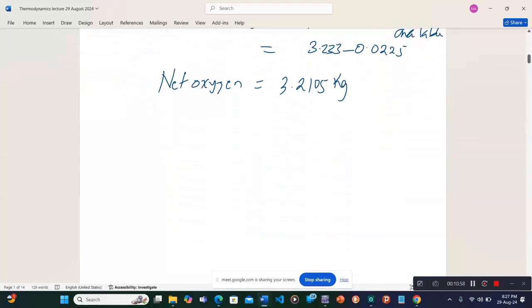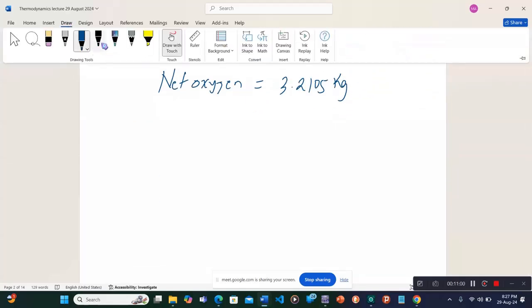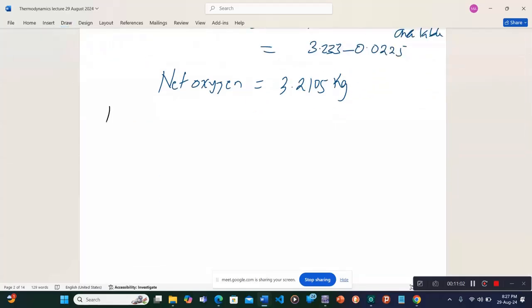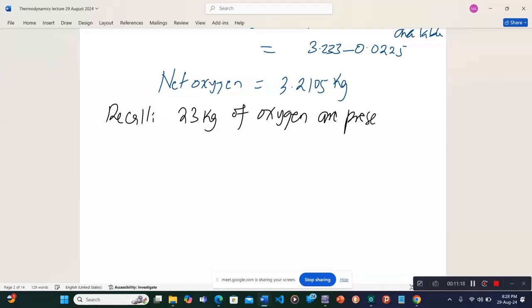Now, we have to recall that 23 kilograms of oxygen are present in 100 kilograms of air.